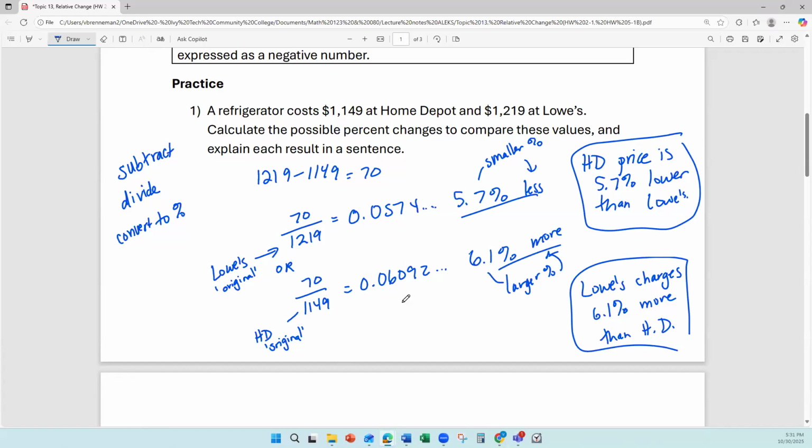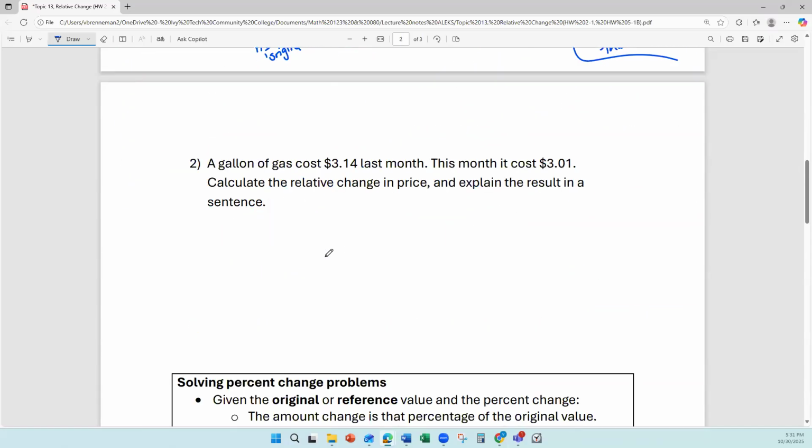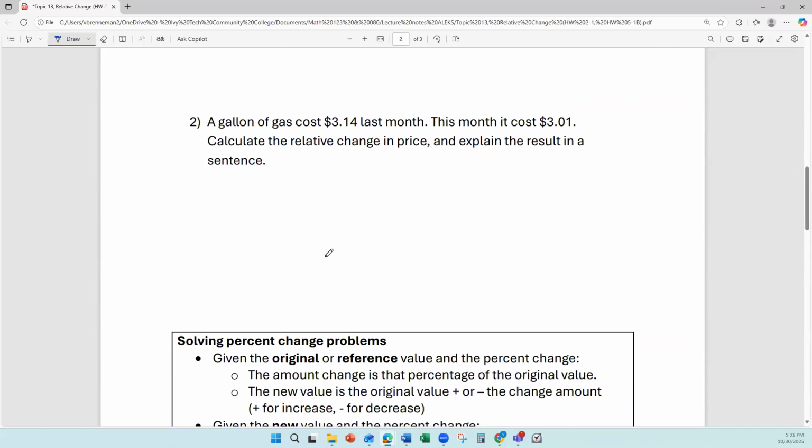So number 2, we're looking at a gallon of gas that cost $3.14 last month. This month it costs $3.01, and we want the relative change in price. So again, subtraction, $3.14 minus $3.01. We are subtracting amounts of money, so the result of that subtraction is also an amount of money. $3.14 minus $3.01 is 0.13.